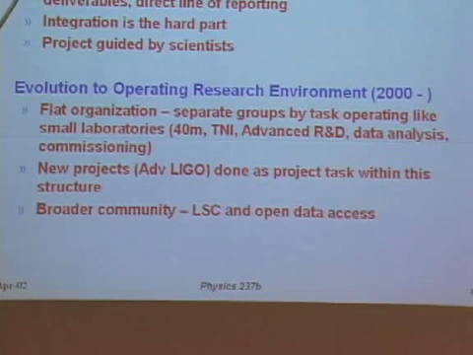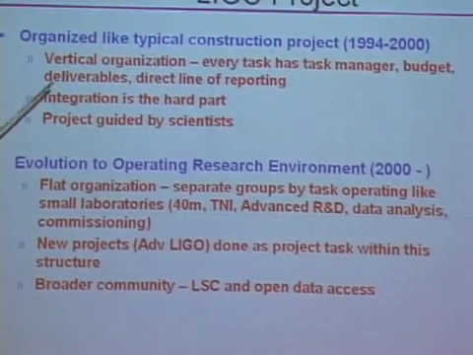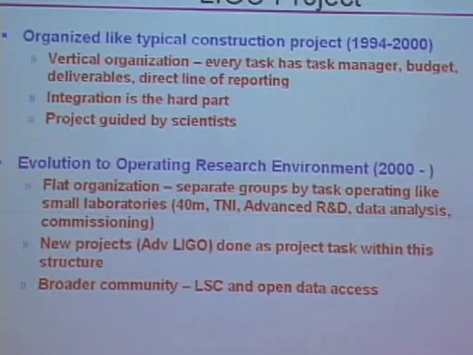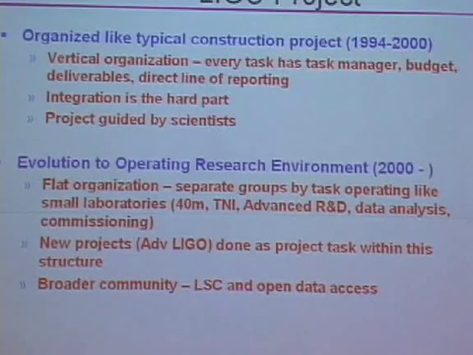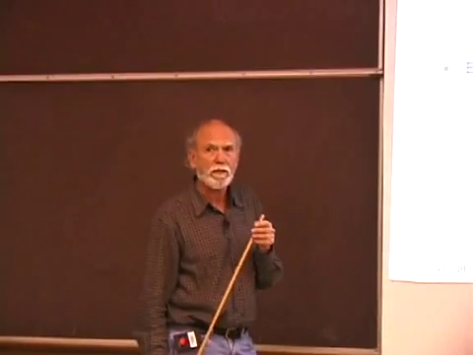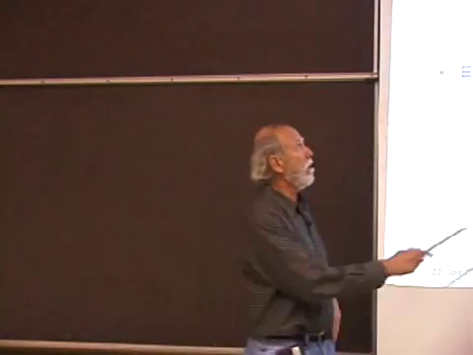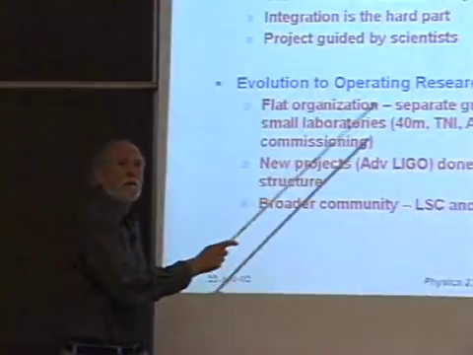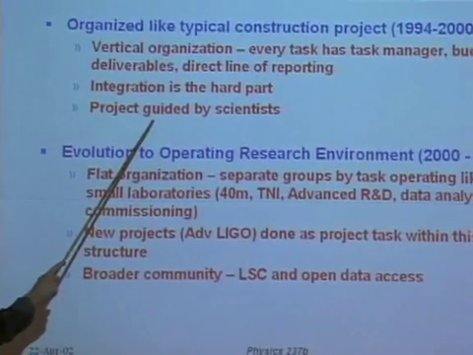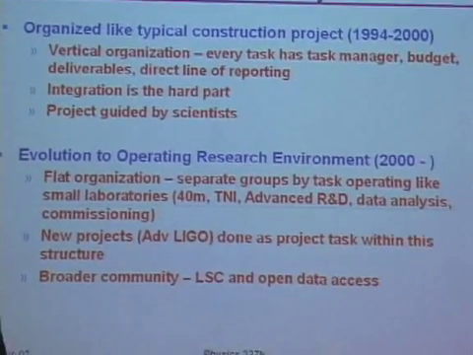The other thing about what we're doing compared to, say, the NASA model, when we built this vertically, is that every piece of these, I talked about all these boxes in some vertical organization like building a bridge, but key to us being able to make sure we had the quality and the demands that we have inside LIGO was to make sure that each of these boxes had a responsible scientist, so that the project at all levels was guided by scientists, not by just engineers.